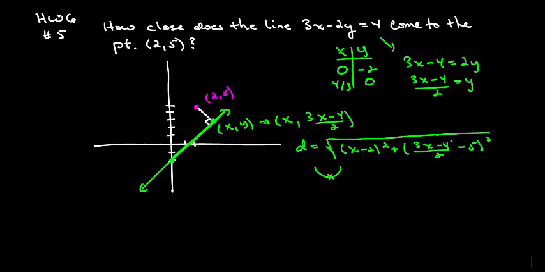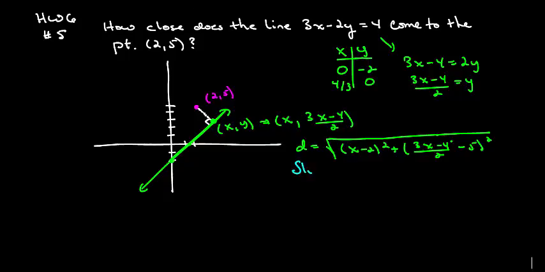But here's an interesting thing. Since this line makes a 90-degree angle with this line, it is perpendicular with this line. So the slope of this line right here must be the opposite reciprocal of the slope of this line. Well, what is the slope of the green line?